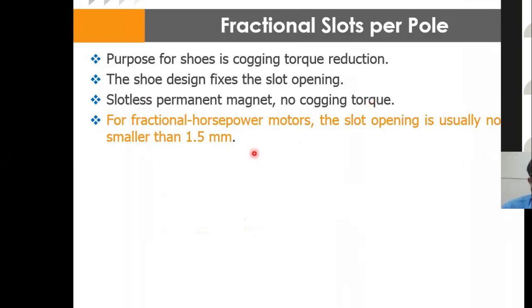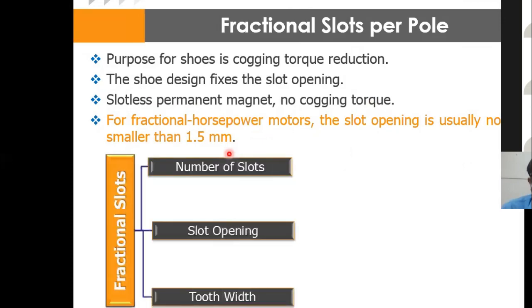For a fractional horsepower motor, the slot opening is usually smaller than 1.5 mm. This is also something we have taken from the literature. So these fractional slots per pole combinations can be carried out in different ways. First thing is the number of slots, which I was telling in the very beginning itself.